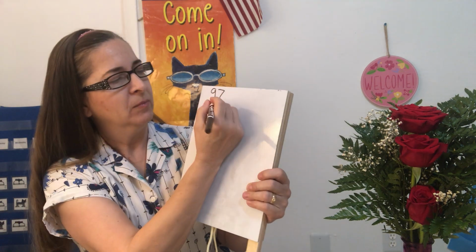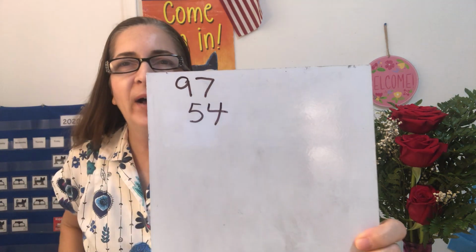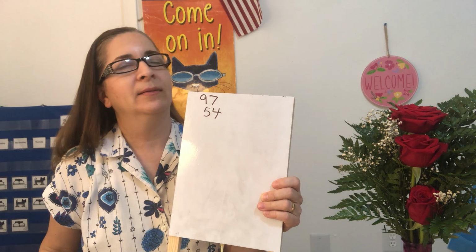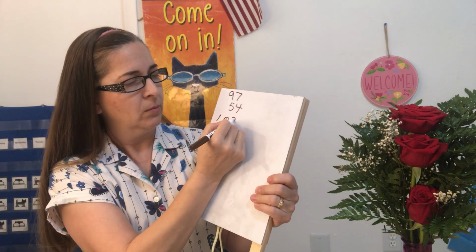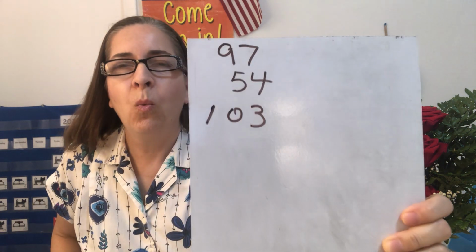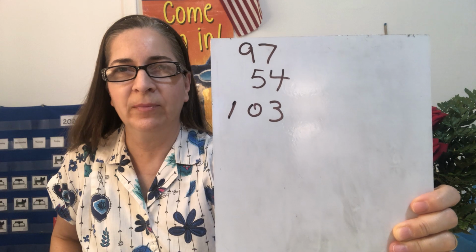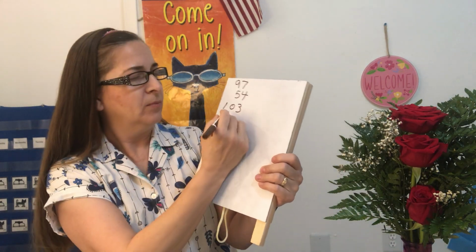54. A 5 and then a 4. 103. Ooh, that one's tricky. 1 and then a 0 and then a 3. That's 103. 48.